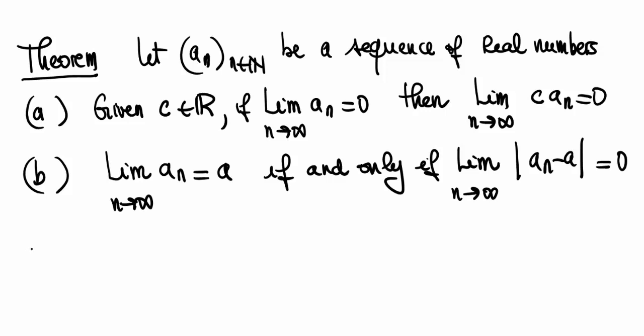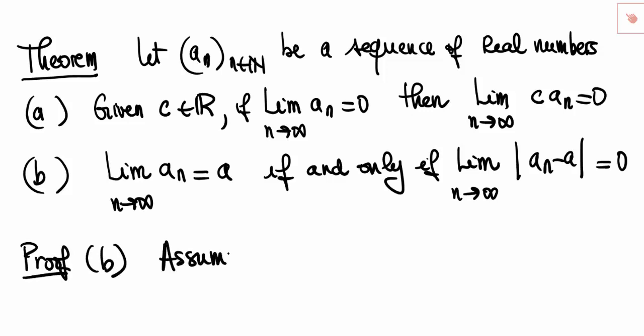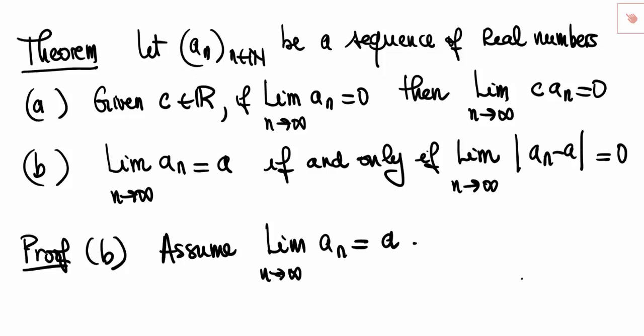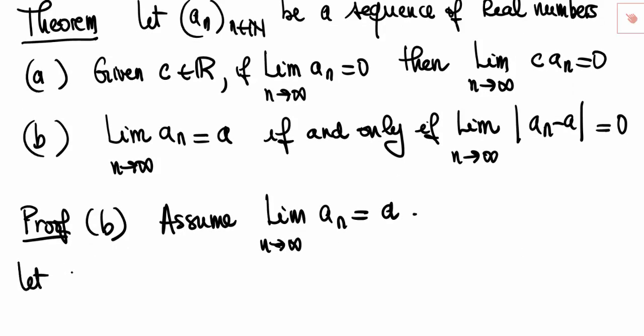Alright, so I will only focus here on B. So there are two things to prove again. So assume here that the limit as n is approaching infinity of An is equal to a. Now let epsilon be a positive number.